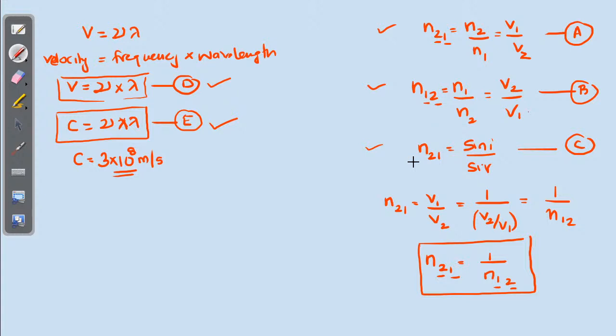When you go to higher level classes, they will never specify whether it is relative or absolute refractive index. They will simply tell it as refractive index only. So when a pair of media is provided, you have to understand it is relative refractive index. When only a single medium is provided, you have to understand it is the absolute refractive index. That is a simple way by which you can identify which refractive index concept to apply.